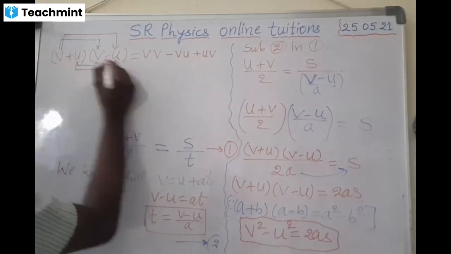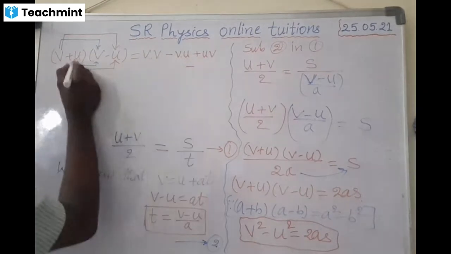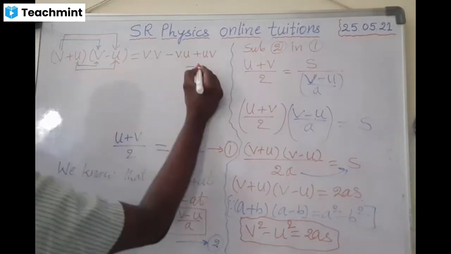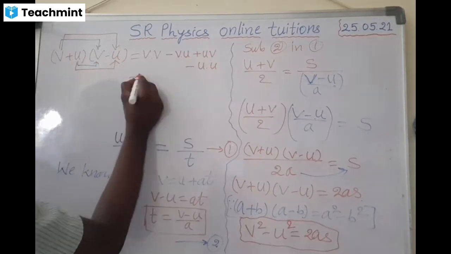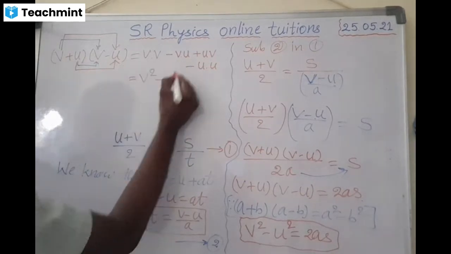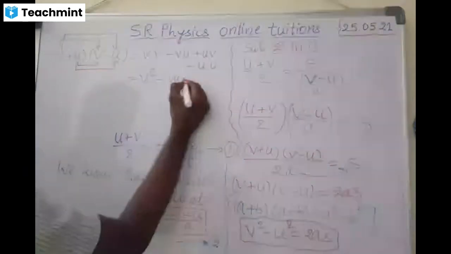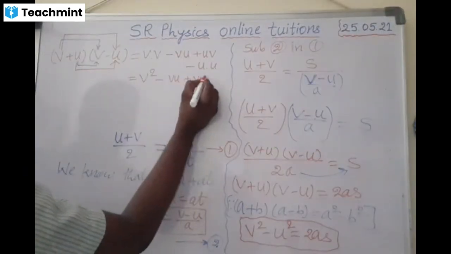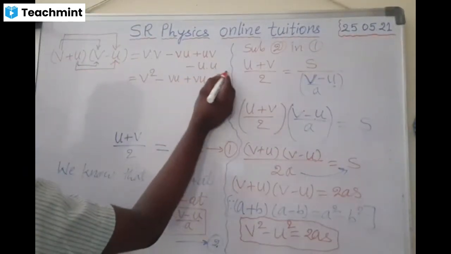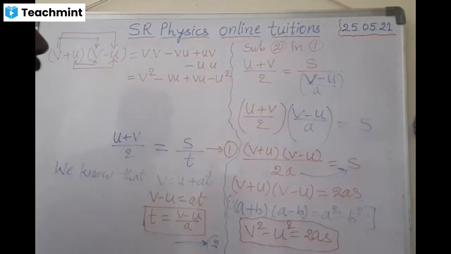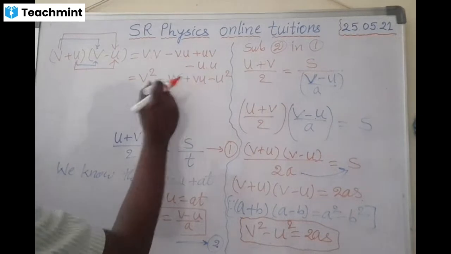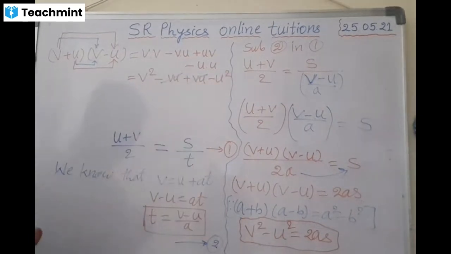Next, plus into minus, minus u into u. So then v into v, v square minus vu plus vu, minus u square. Here both are having the same values but different signs, so we can cancel them. Then what is left?